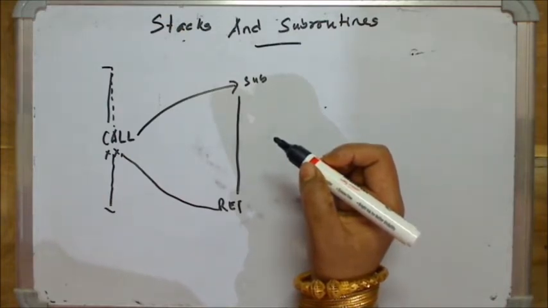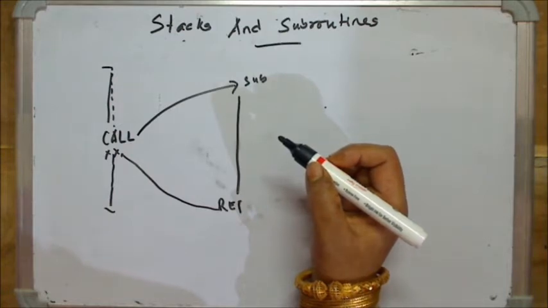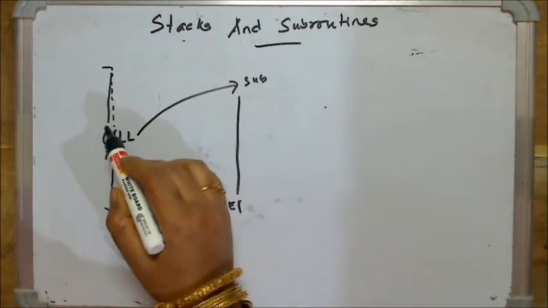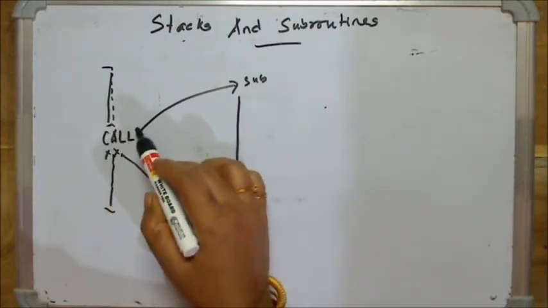Now to invoke the subroutine, you write the call instruction, right? So the program will come up to here, and we'll go to the subroutine.